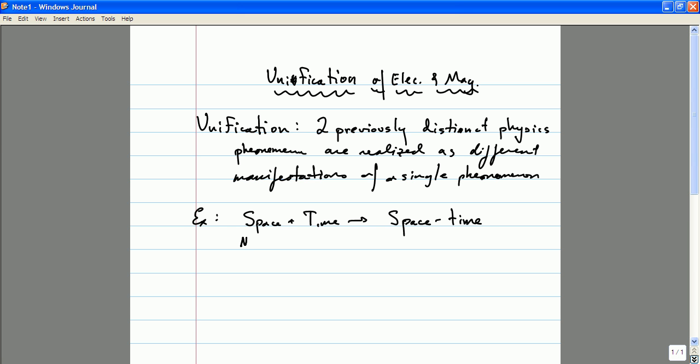Likewise, momentum and energy are completely distinct quantities in Newtonian physics, that a priori have little to do with one another.